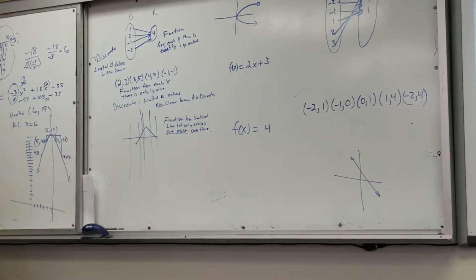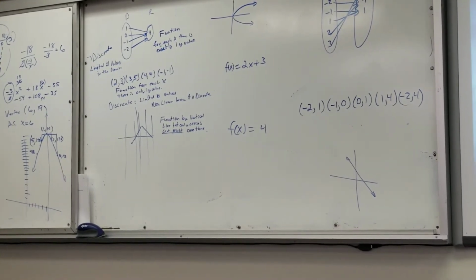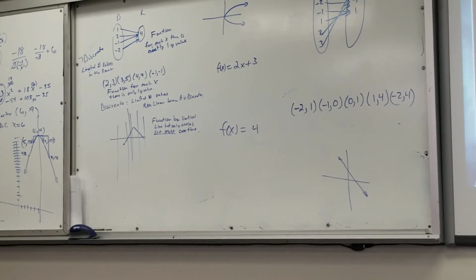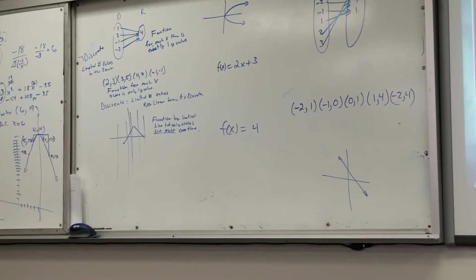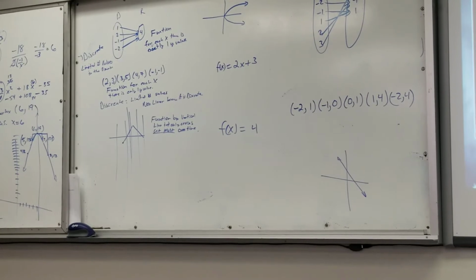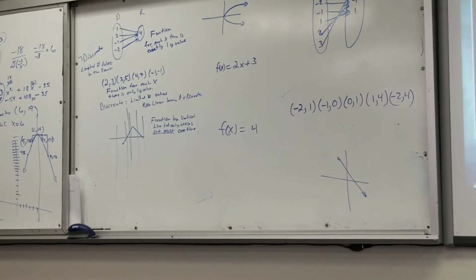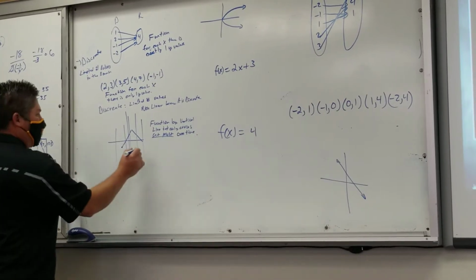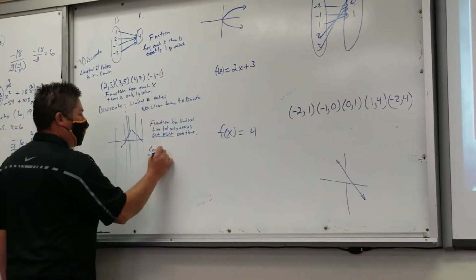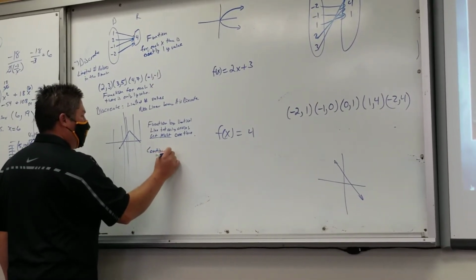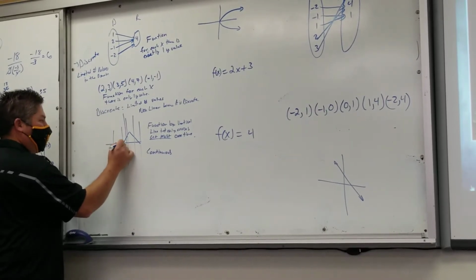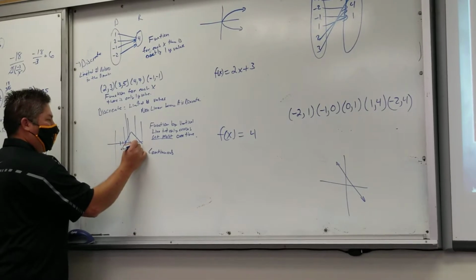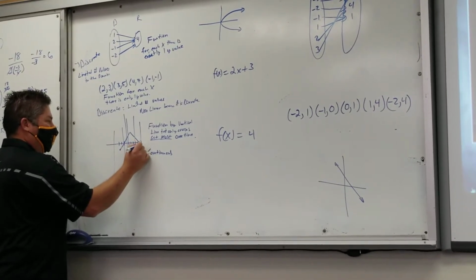Okay? Is it discrete or is it continuous? Well, this is kind of a weird one. It's continuous. And I need to put some values on here. 1, 2, 3. 1, 2, 3, 4, 5, 6, 7.